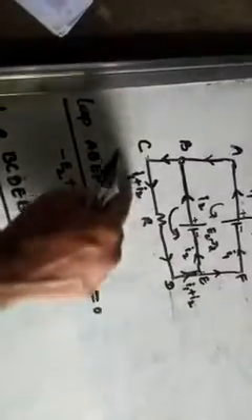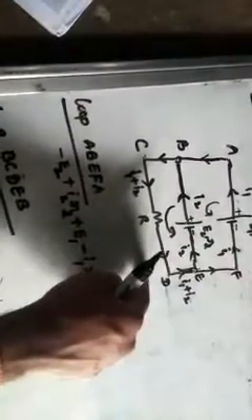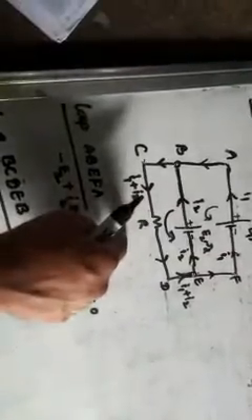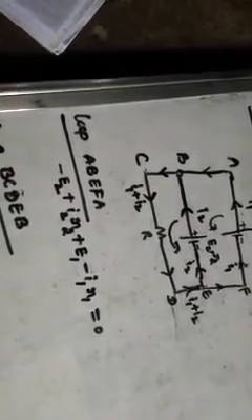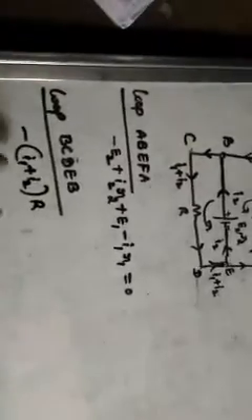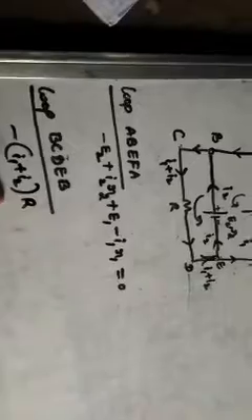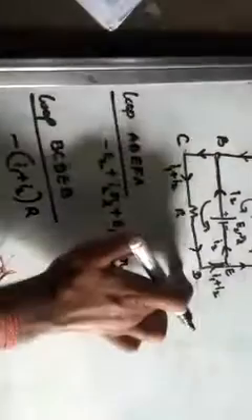C to D, loop direction and current direction are the same, so the potential difference will be negative. Potential difference means the IR formula, IR means I1 plus I2 into R. This is the IR formula, with minus, for C to D.